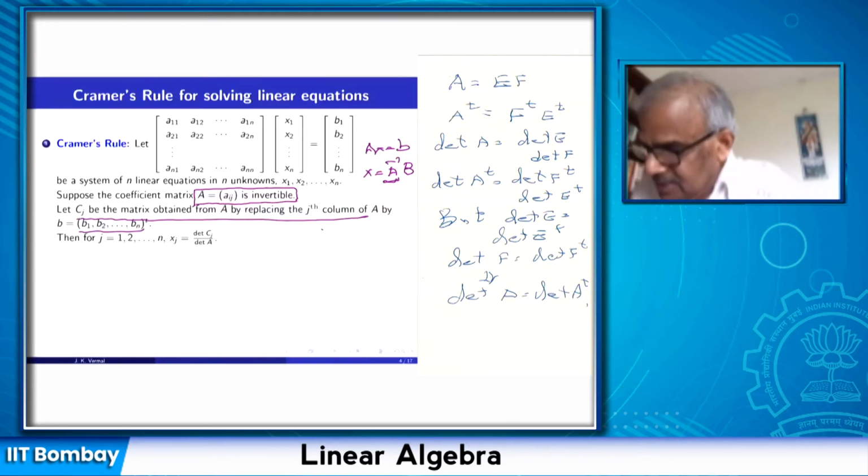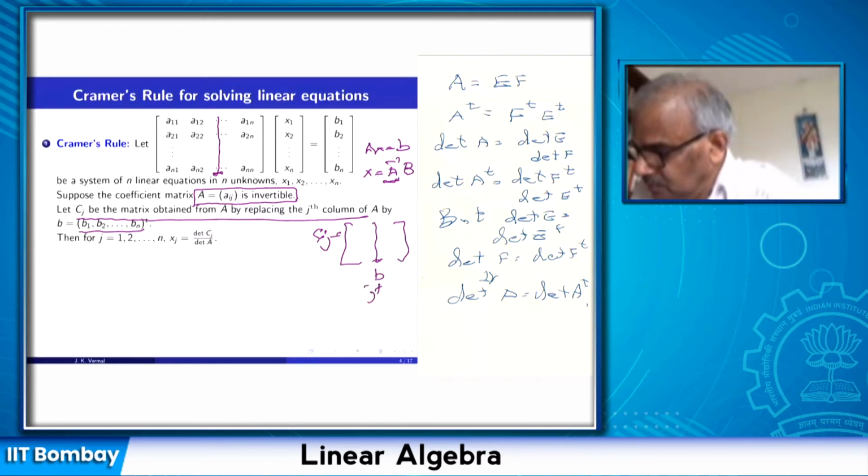Take the jth column of A and replace it by b. I get a new matrix, and that is the matrix Cj. Just to repeat, Cj is the same as A, but in the jth column, I am putting b.